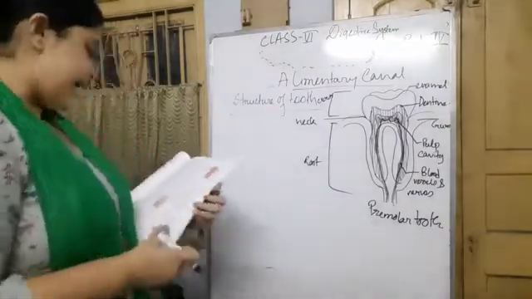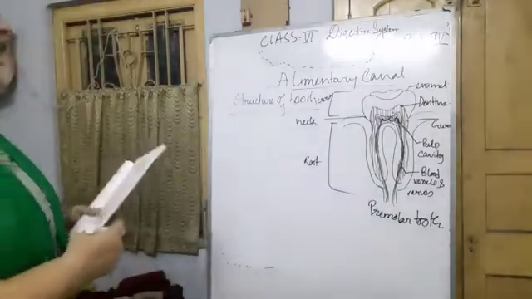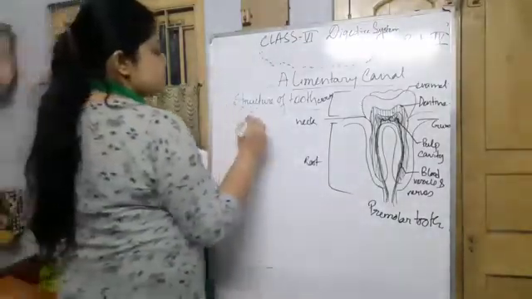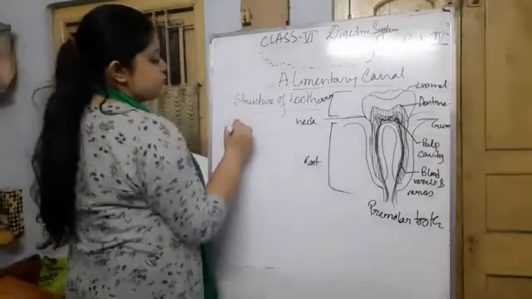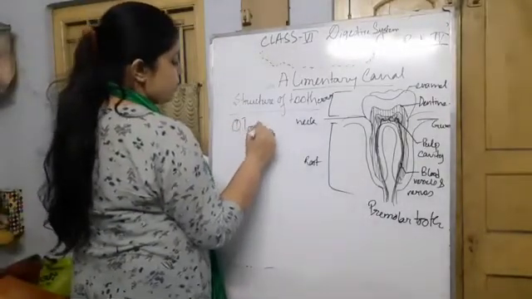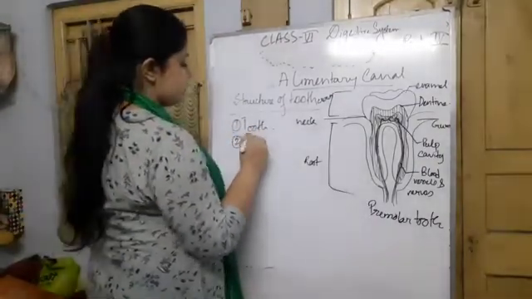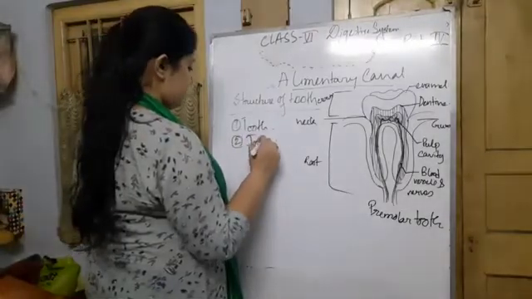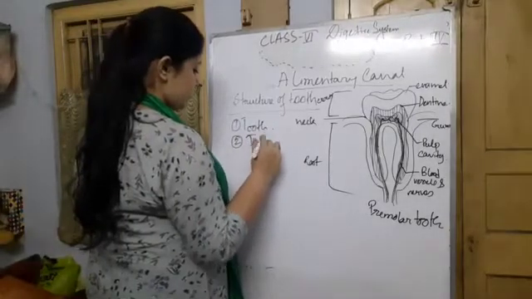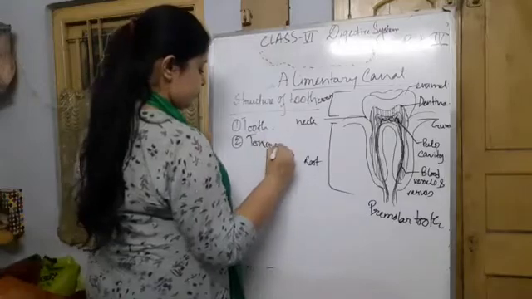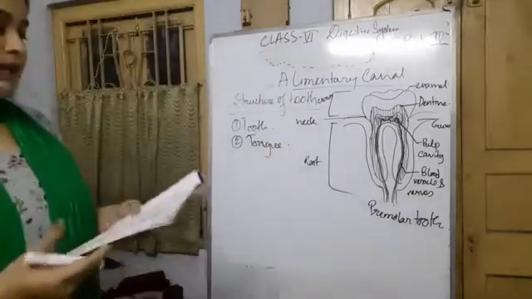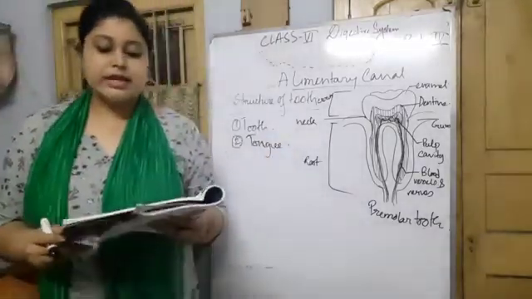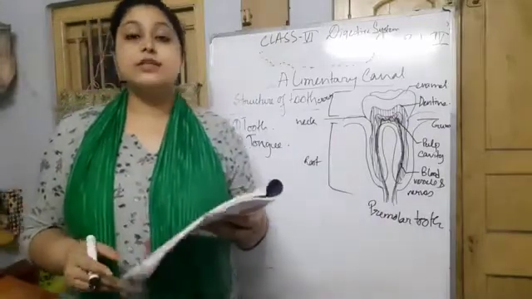Next I am going to the tongue. The next part in the buccal cavity, the first being the tooth, is the tongue. The mouth cavity also contains a thick muscular organ called the tongue.